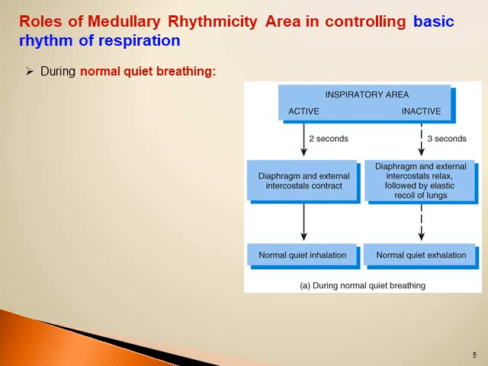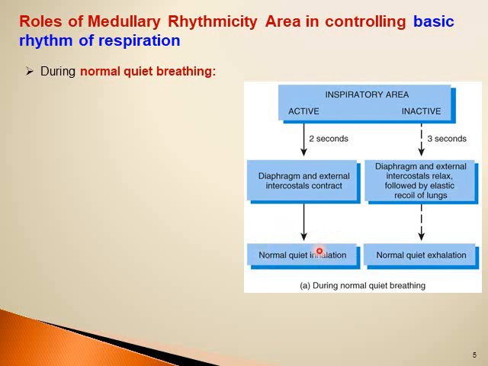The roles of the medullary rhythmicity area in controlling basic rhythm of respiration during normal quiet breathing. This is the inspiratory area. It is active for 2 seconds, and this activity will be sent in the form of action potentials through motor neurons to the diaphragm and external intercostal muscles, and this will lead to normal quiet inhalation.